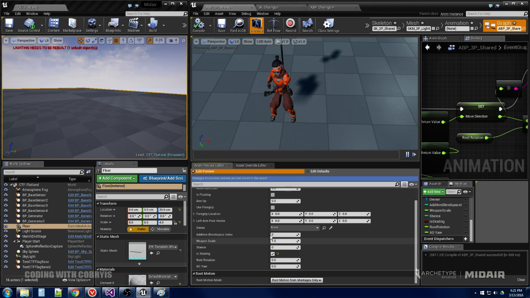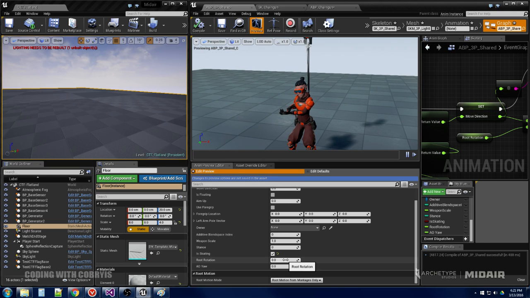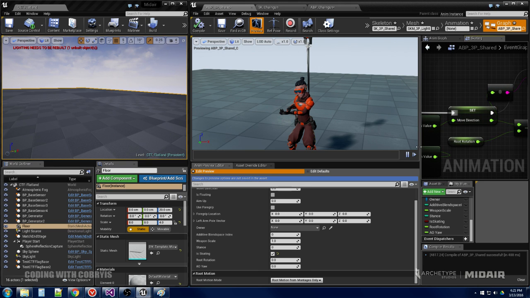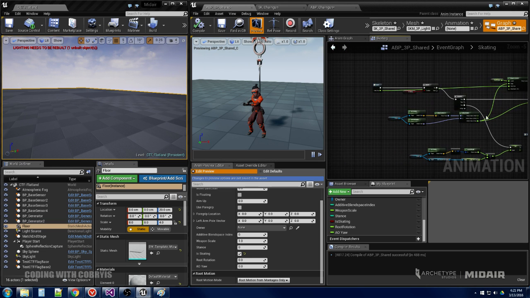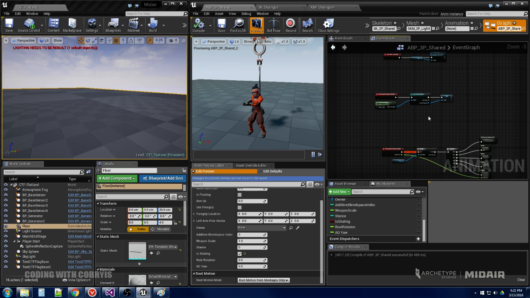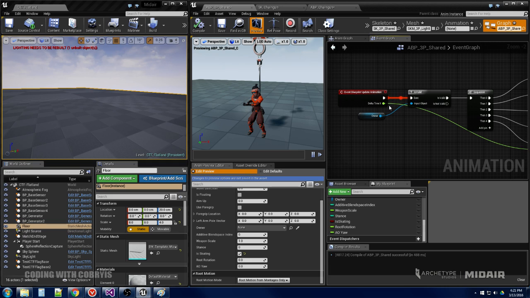All right. If our root rotation is there, is there a way I can make this not dependent on... I'm gonna do something here. Event graph. I want to make it so that this code is not dependent on... if I could set actor rotation, yeah, that'll make this easier to debug.